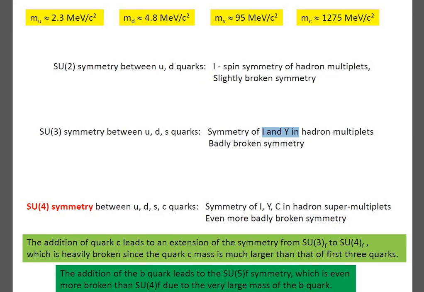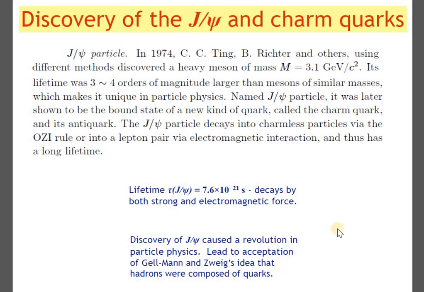And afterwards this addition of the bottom quark leads to SU5 symmetry, which is even more badly broken than the SU4, since its mass is even more than that of the charm quark. And so a very small few lines about this discovery of charm quarks.